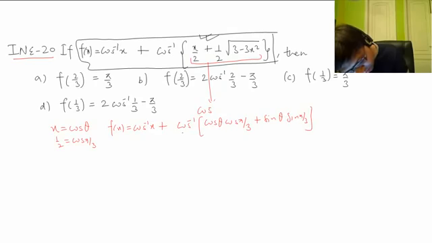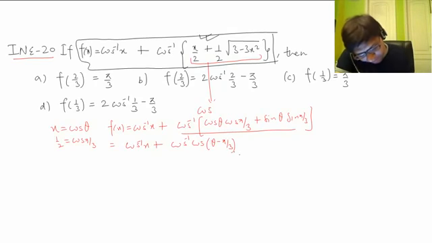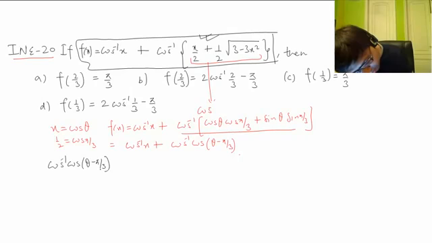And now we can look at this part also. This becomes cos inverse x plus cos inverse cos of theta minus pi by 3, right? So we have to simplify cos inverse cos of theta minus pi by 3.